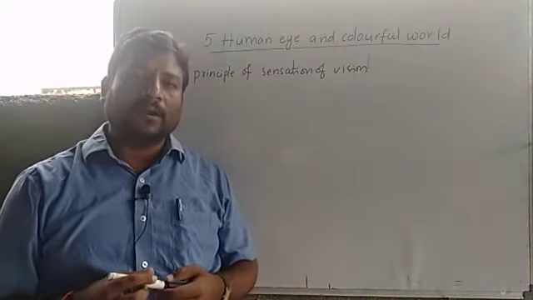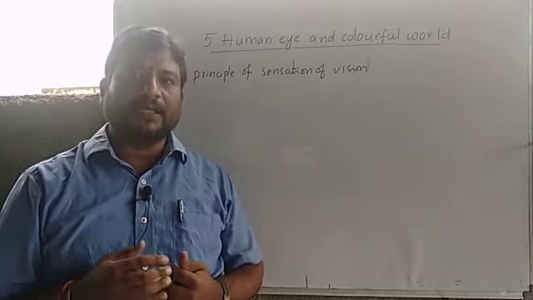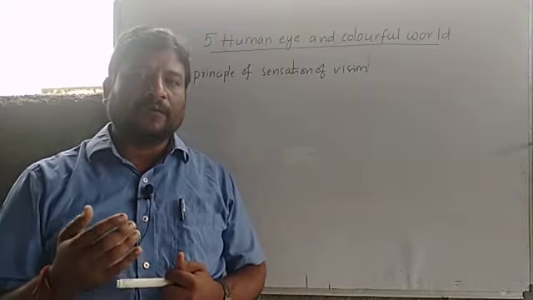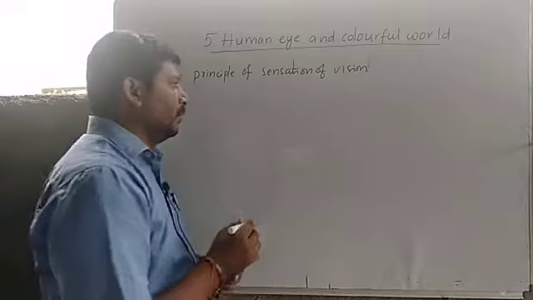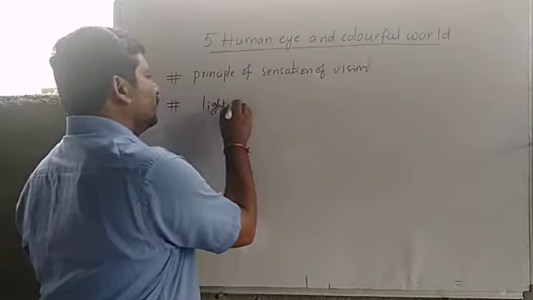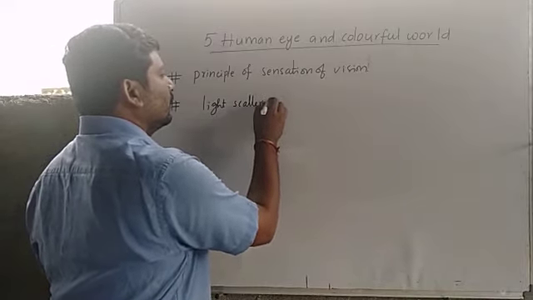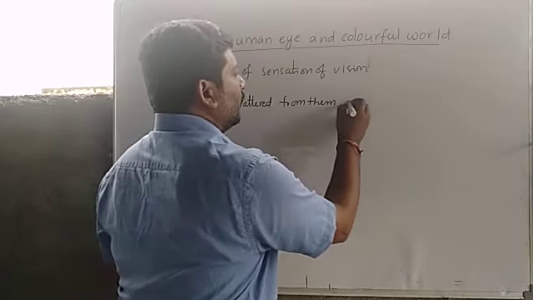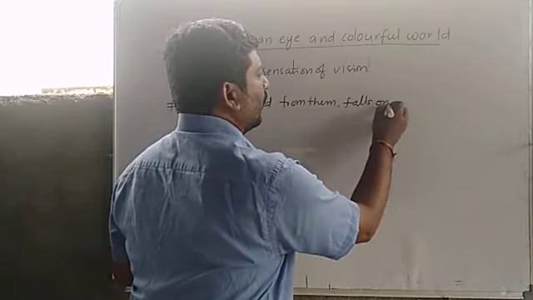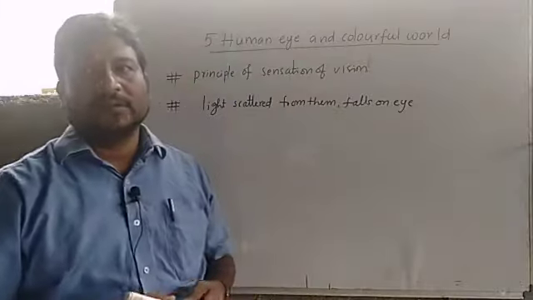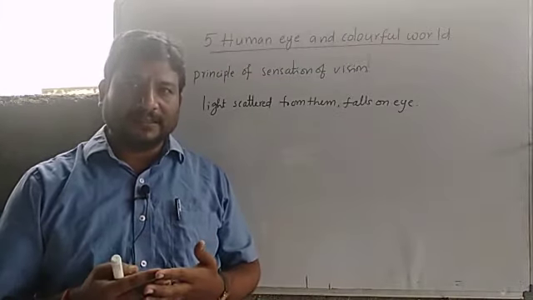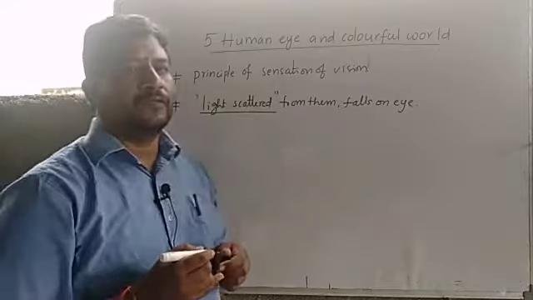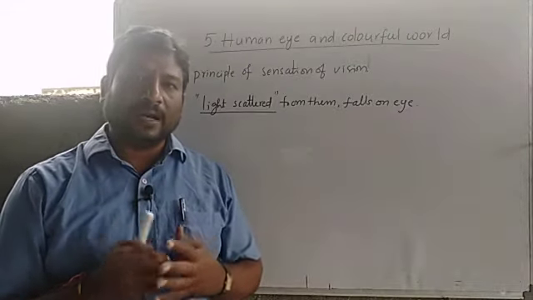We see objects around us because the light scattered from them falls on our eye.